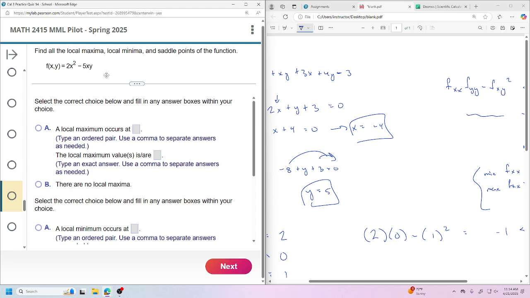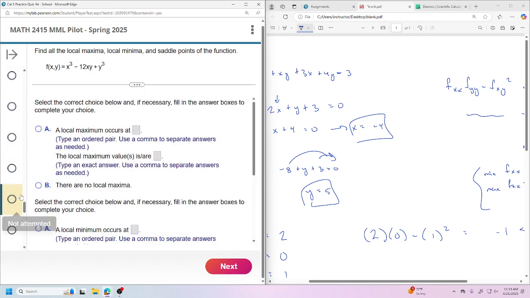Uh-oh. I have to test it. But I mean, it's not that bad. Looks pretty easy. This guy, I'm thinking saddle.